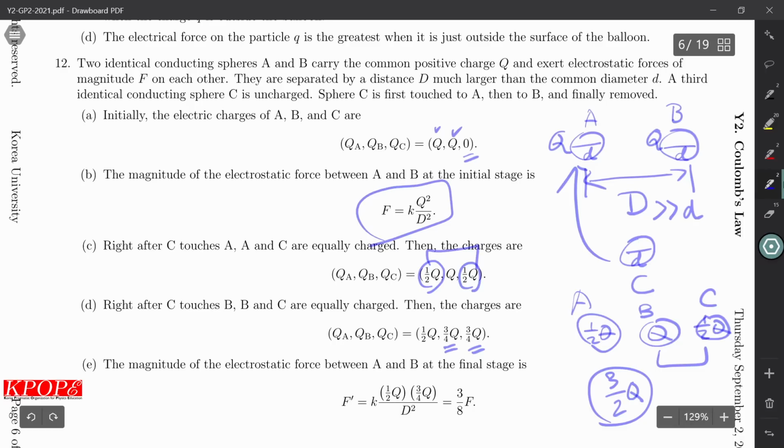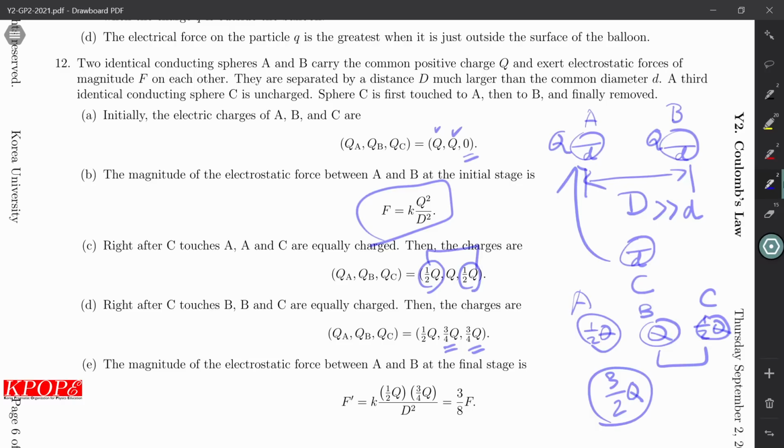The original electrostatic force between A and B, according to the shell theorem, is F equals k Q squared divided by large D squared. Now we assume that A and B are at equal distance in comparison with the initial condition.